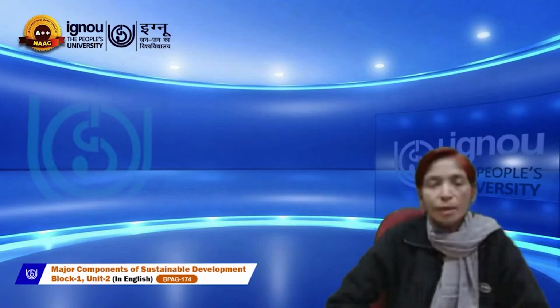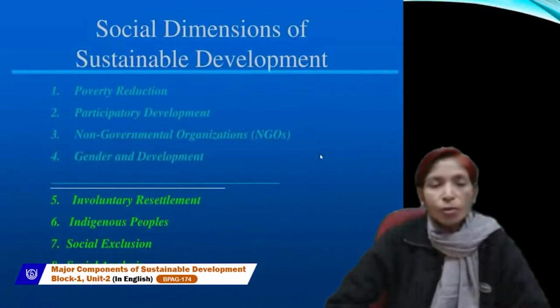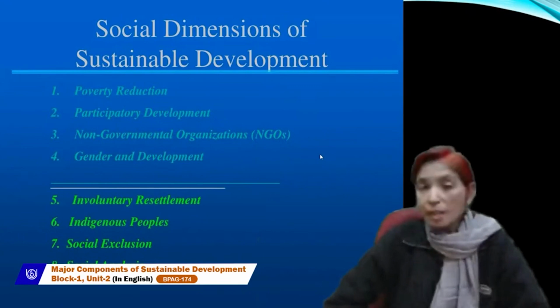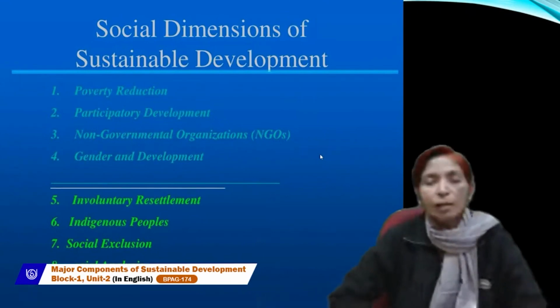So poverty reduction, without doing this, government can't achieve the social dimension of sustainable development. Poverty reduction is very necessary for the achievement of this sustainable development goal.